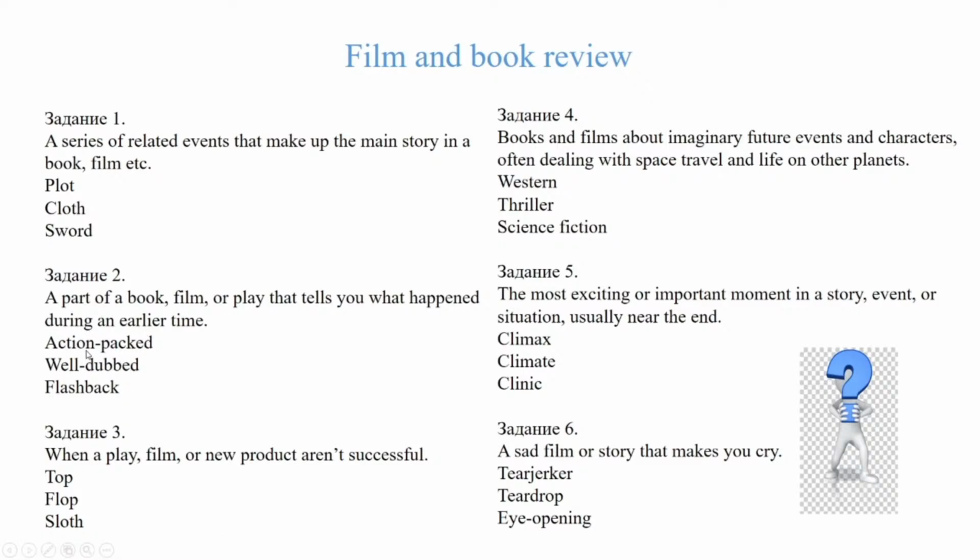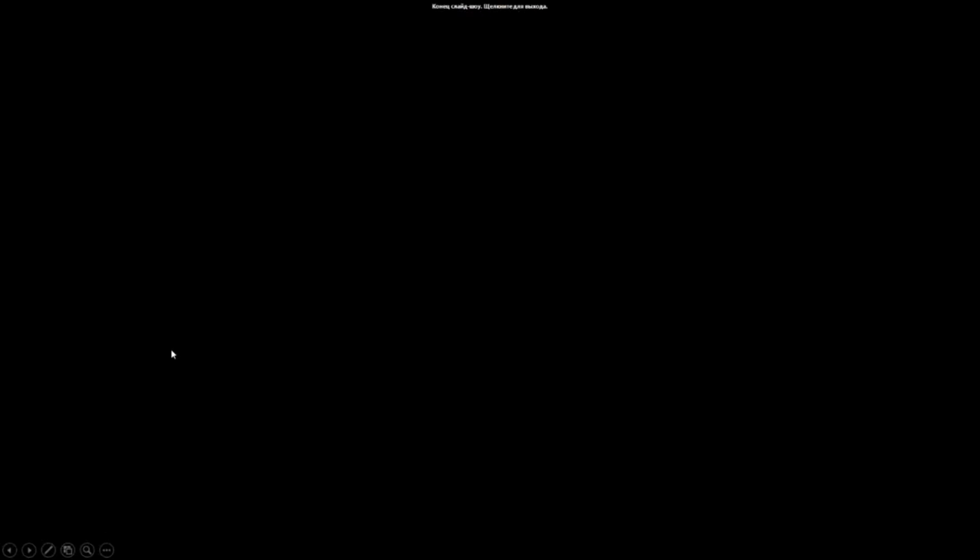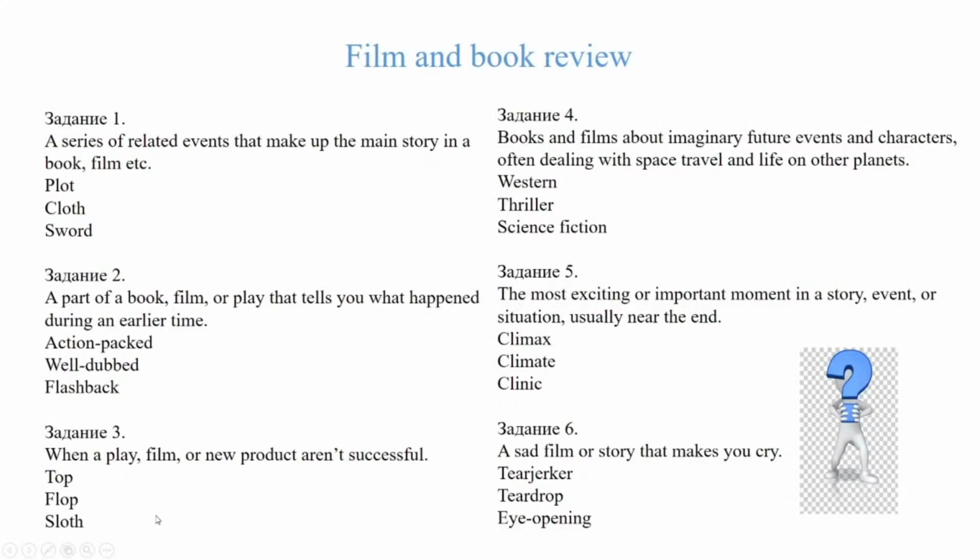Question number 3. When a play, film, or new product is unsuccessful, how do we call it? Top? No. What's that? No. Flop, right. We had an example of that when it wasn't successful.